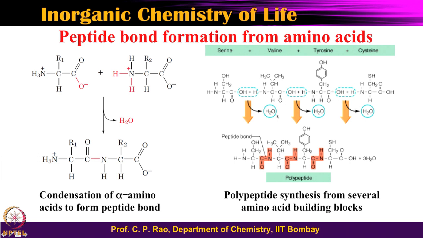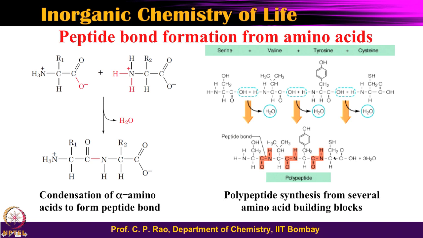So, a condensation here, here and here, loss of water three times, will give 3 peptide bonds, one here, one here, one here. This whole thing has 4 amino acids, so it is also referred to as a tetrapeptide. Amino acid 1, amino acid 2, amino acid 3, amino acid 4.